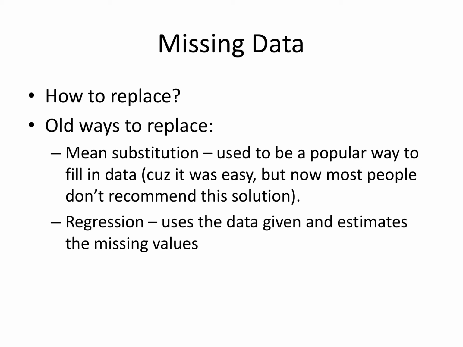Another way to replace is using a regression analysis, and it takes that data that's given and estimates those missing values. So that's a more popular way now to do it. And really, the reason that people used mean substitution before was that not only was it easy, these regression type analyses were much more difficult, especially if you didn't have some of the programs like we do now.